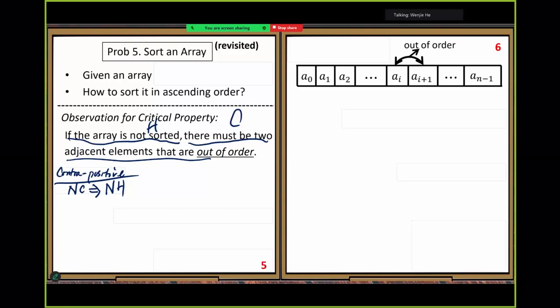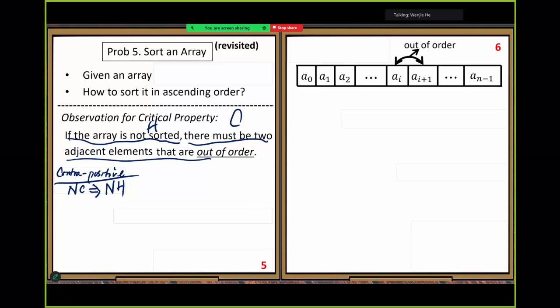That's the negation of the conclusion statement.